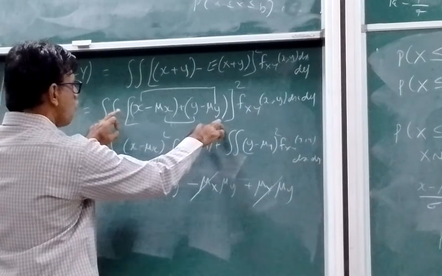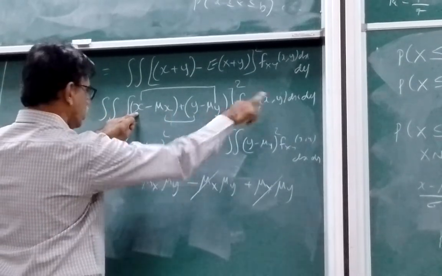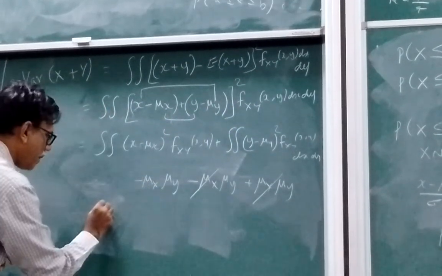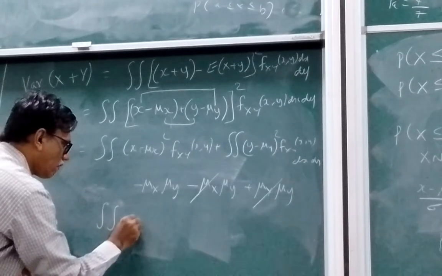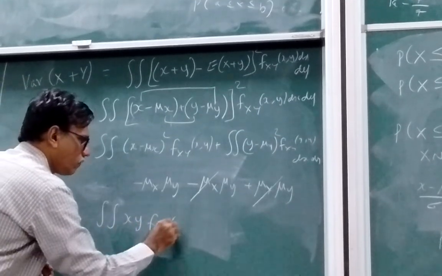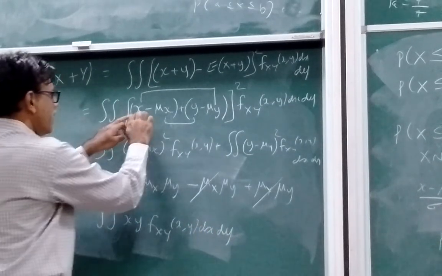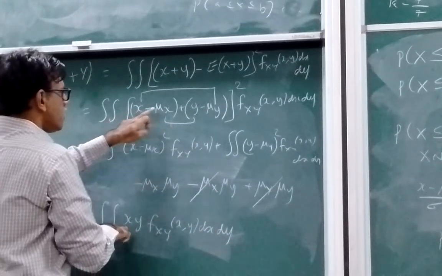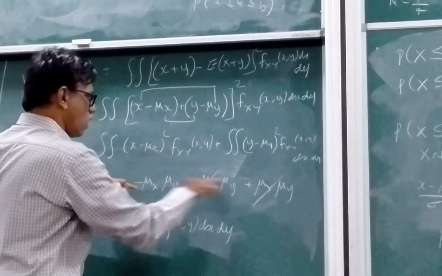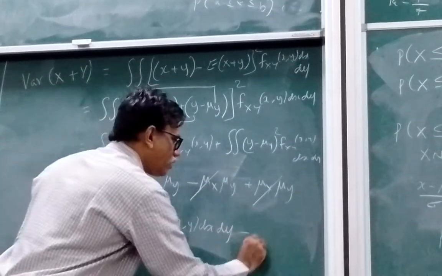So this factor, what remains is xy into this one. What will remain is that x into y will be there. This into this is what we got. Minus mu x mu y.